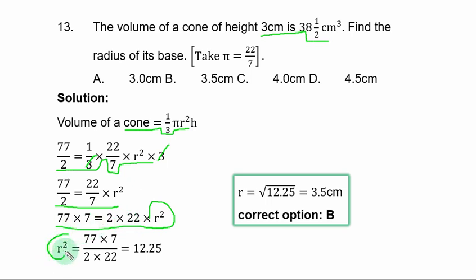So you have r squared equal to 12.25. To get r, take the square root of both sides. So r is equal to square root of 12.25, and that is 3.5 centimeters. B is the correct option.